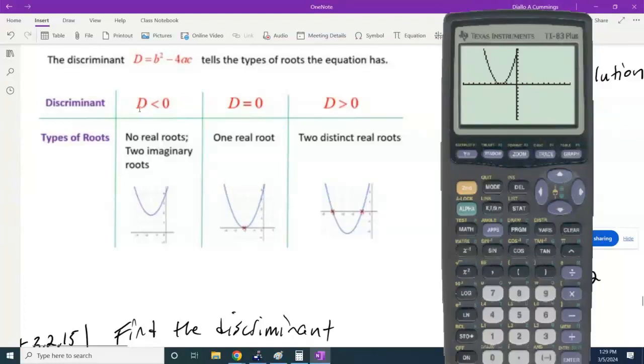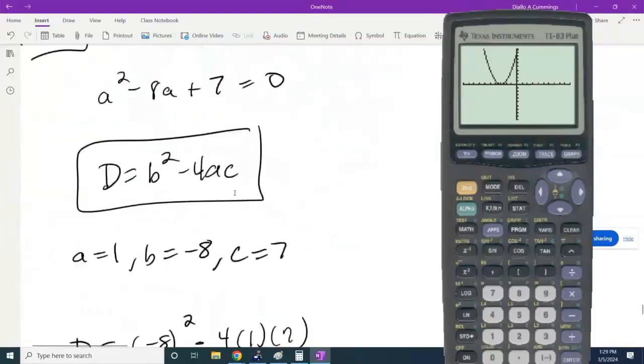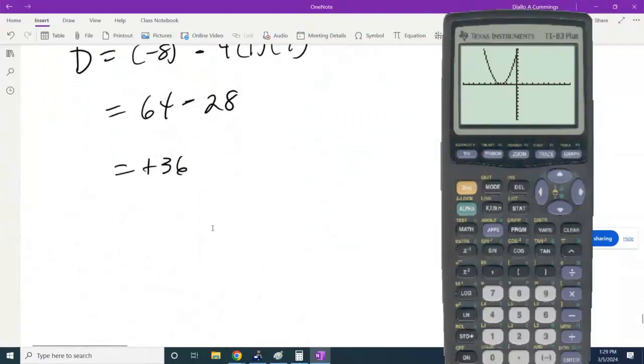And if your discriminant is negative, it has no real roots. Since this discriminant is positive, it has two real roots. Because the question asks you what's the discriminant, and it asks you how many roots it has.